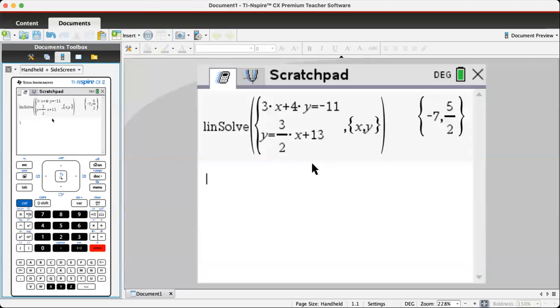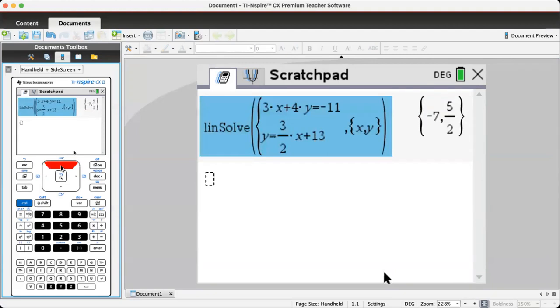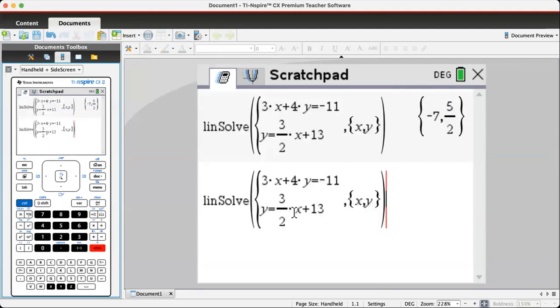Now let's say you made a careless error, right? Let's say, oh, oops, I don't think that should have been plus 13. I think that should have been minus 13 over there. Okay, you don't have to go back and retype everything. Use the up arrow key. The answer gets highlighted. Use the up arrow key one more time. The equation gets highlighted. Just press enter, and then it's right there.